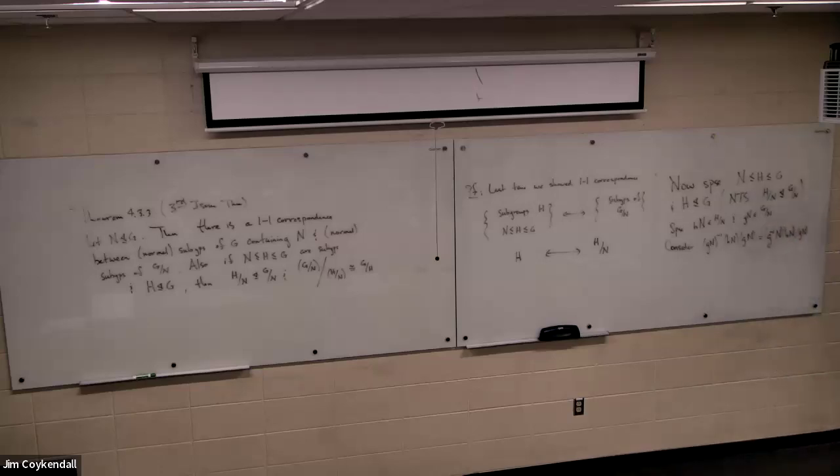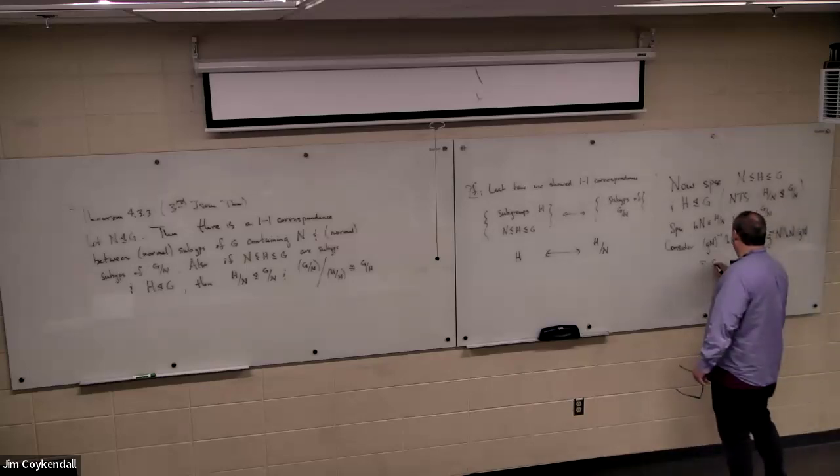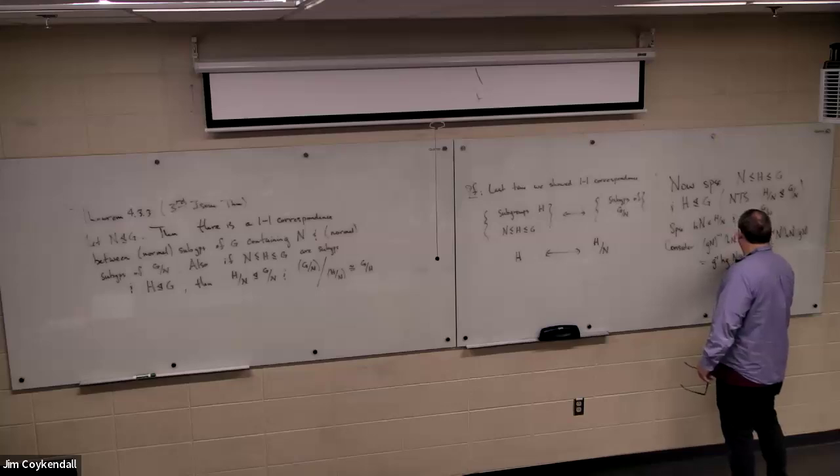Agree? Because the inverse of gN is g inverse N. Right? And these are all cosets, and the way I multiply this is just one big g inverse hg N.